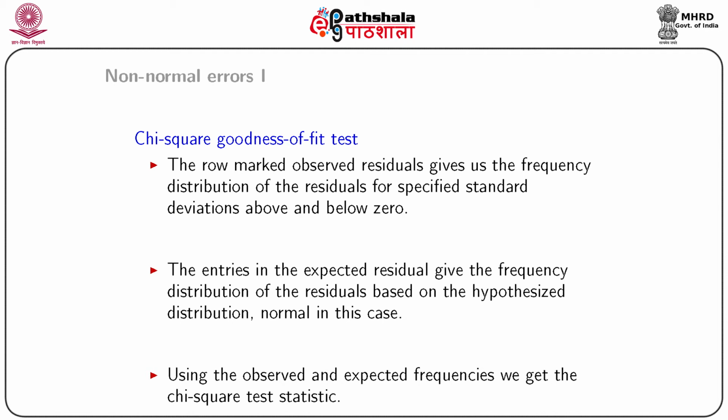So here we have done the same. If you go back to the previous table, we have observed residuals, expected residuals, and observed minus expected squared divided by expected residuals. And just taking the sum of all of these will give me the chi-square test statistic value.